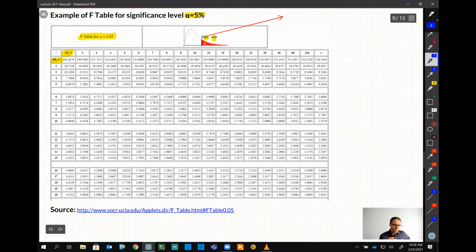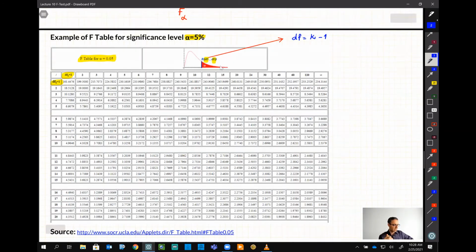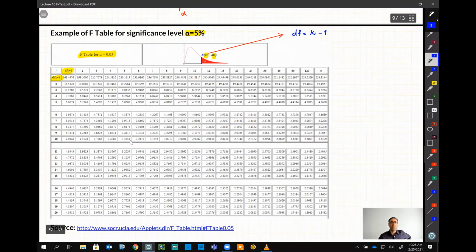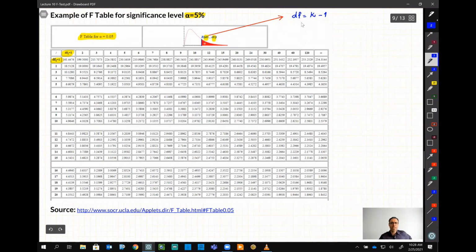df1 is the degree of freedom between groups, or, like a statistician would say, it is just k minus 1. Let's say you have 5 groups of data to test, it is 4. In the example that I just showed you for 3 printers, we had 3 groups of data, right? Let's move back. We have 3 groups, k is 3, so our df1 is 2. So df1 is k minus 1.